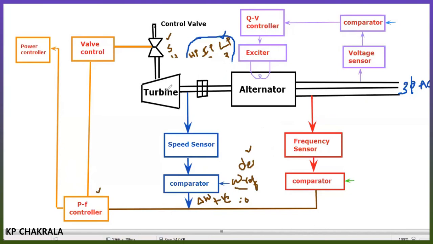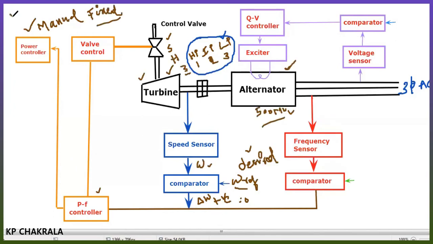Now another aspect is the power controller. It is actually a manual control. If you want to get a fixed amount of power, suppose we are generating 500 megawatt, but you want to generate 550 megawatt.